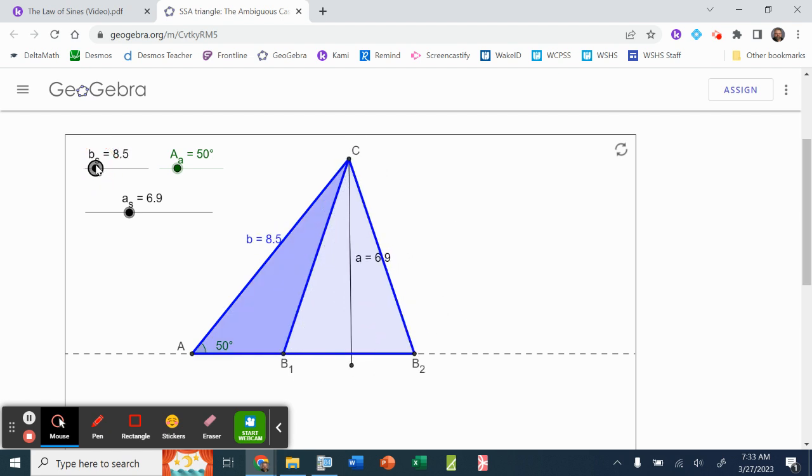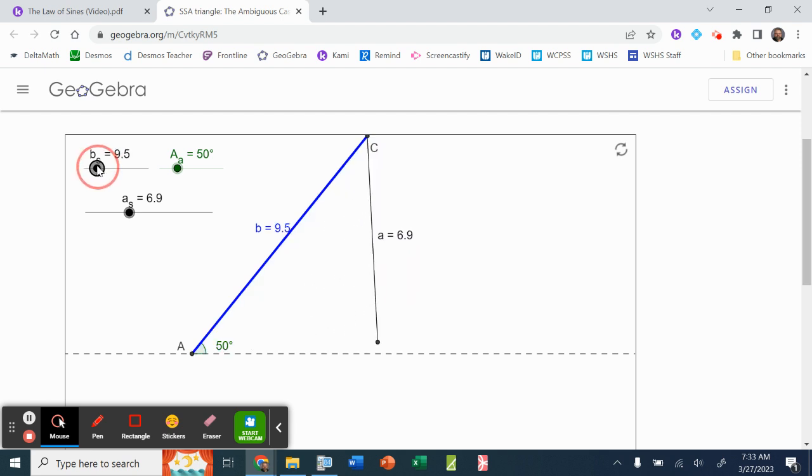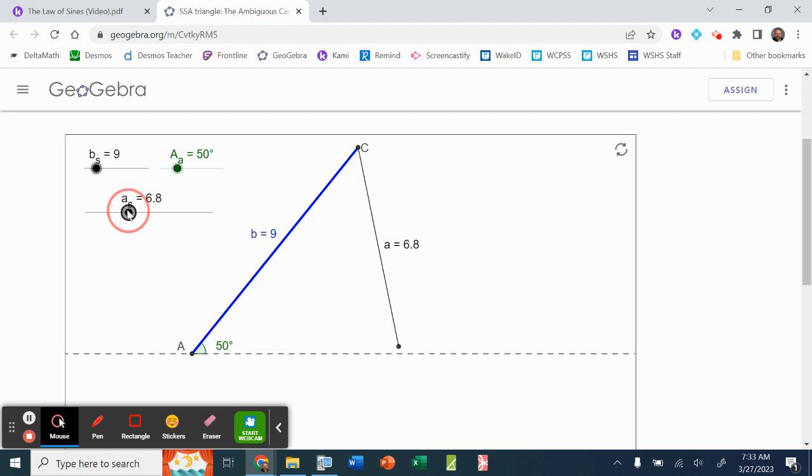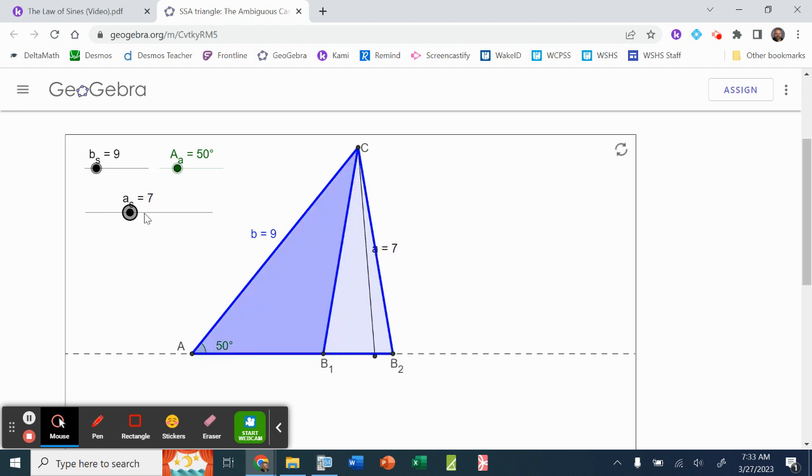It is possible, and when you get one triangle, usually it's a right triangle, I believe. All right, so there is the potential for having one triangle. That's about the closest I can get it with the stuff provided here. But anyway, you should be able to see the concept that there is a possibility of getting exactly one triangle.